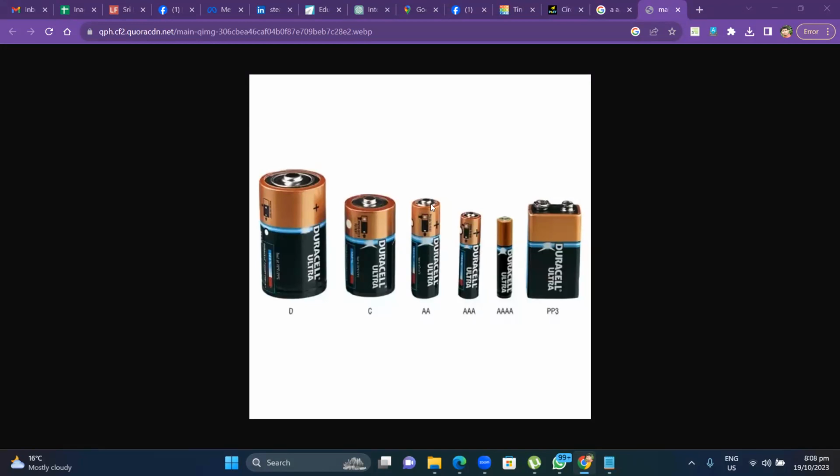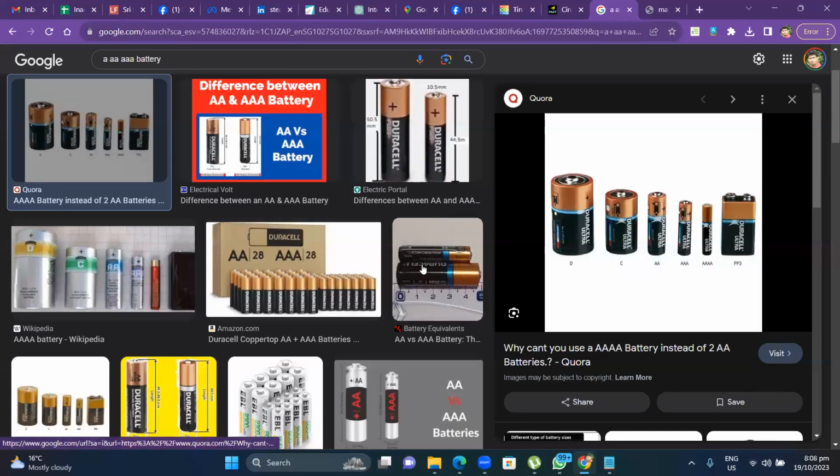I have the PP3 battery. I found a D battery. That is 9 volt, right? Can you check? It's not, it's 1.5. Oh, 1.5. Normally the 9 volt is the PP3, but normally this is 1.5 V. Most of these batteries are 1.5 V. Let's see another picture.